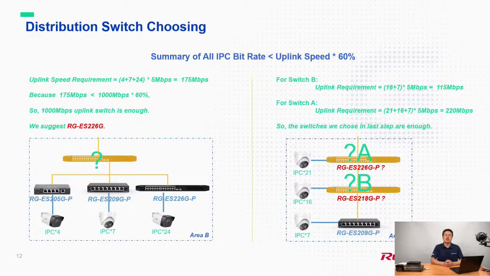For area B, the distribution topology, following the principle of 60% of uplink speed, we suggest the ES226G model.